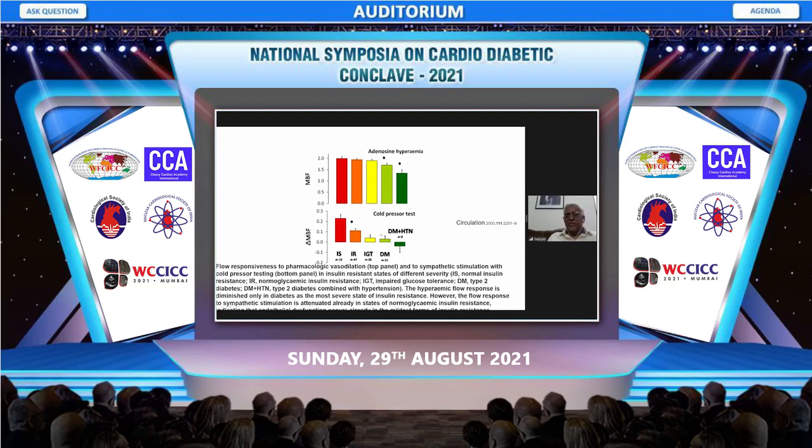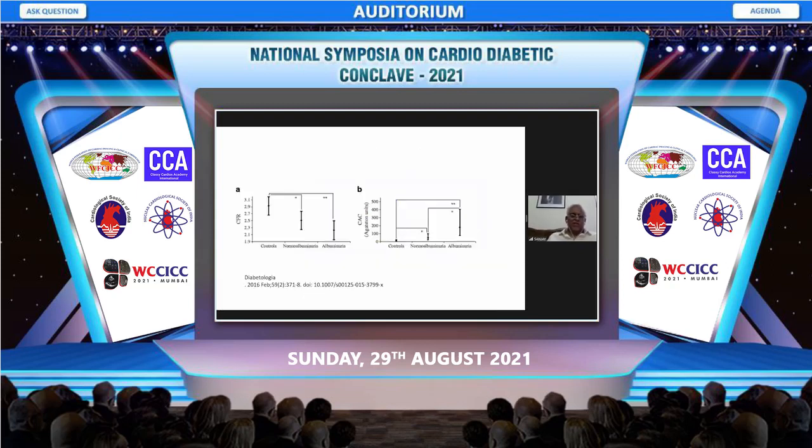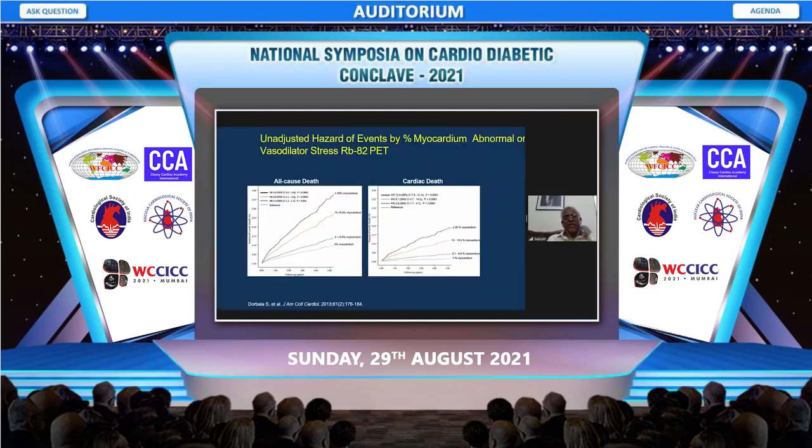You see that it is happening maximally in diabetes, and it is very easily discernible, with no coronary or major vessel disease, but when you do these tests there is a major change in the CFR or the blood flow, which can be discerned by this technique. I will skip a few slides, and of course the correlation of all events, cardiac death and all-cause death, with the percentage of myocardium involved is also very well correlated with the CFR.